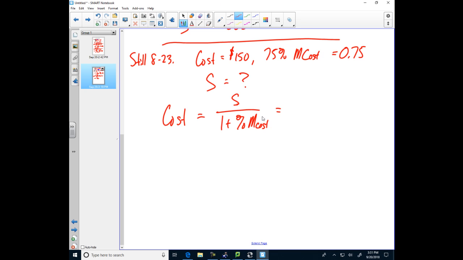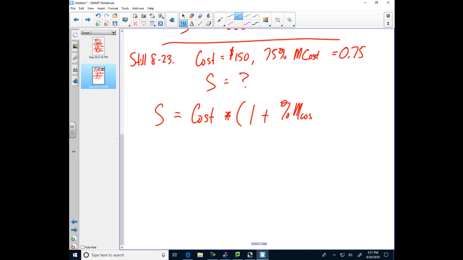The book has. So let me erase this and we'll write down the equation that's already in the correct form. So S is what we're looking for, so we want it over on the left by itself. Cost, we know, times the quantity 1 plus the percent markup based on cost.